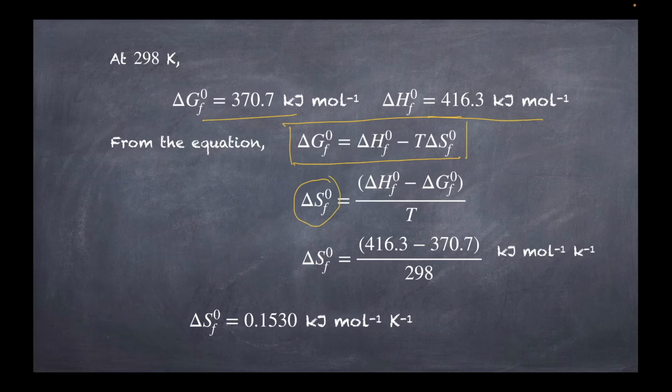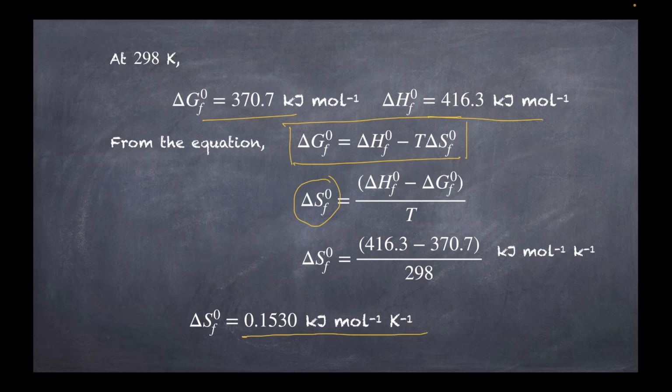Delta S0F will be equal to delta H0F minus delta G0F divided by T. So delta S0F will be, by putting these values, 416.3 minus 370.7 divided by 298, which will be equal to 0.1530 kilojoule mole inverse Kelvin inverse.